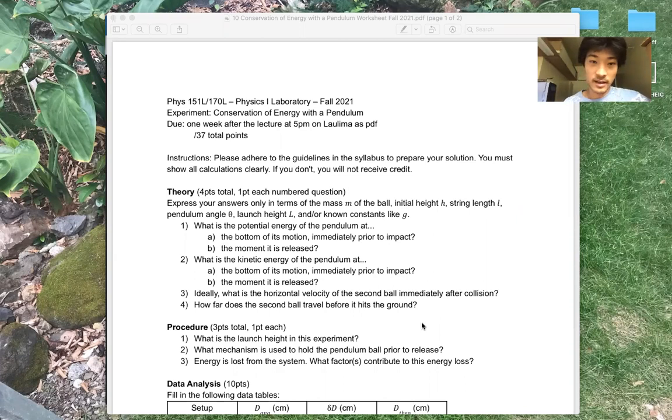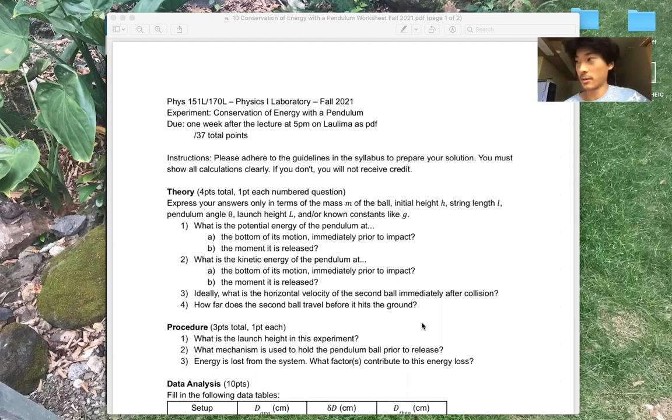The goal of this lab is to investigate conservation of energy using a pendulum and its collision with another ball. What conservation of energy is saying is that energy is conserved before and after the collision.